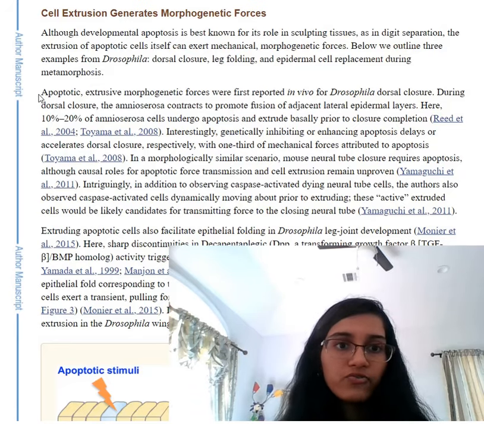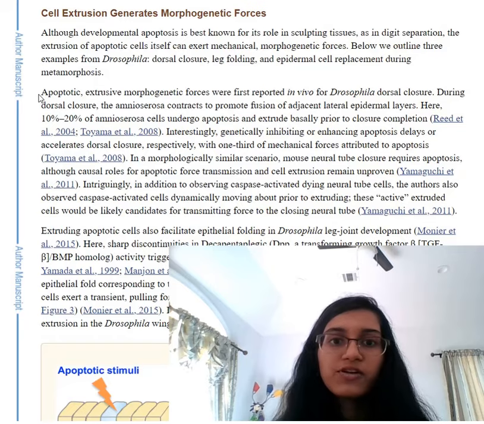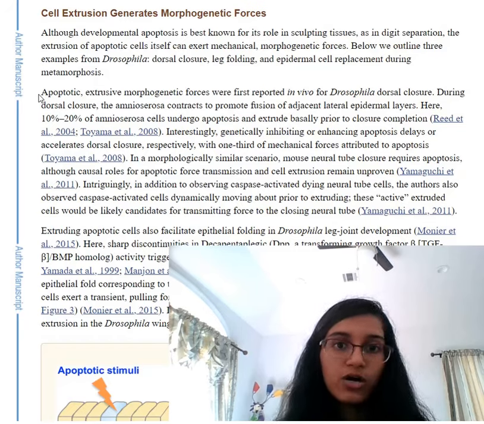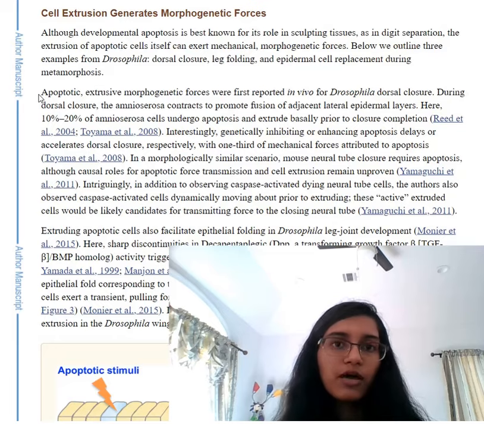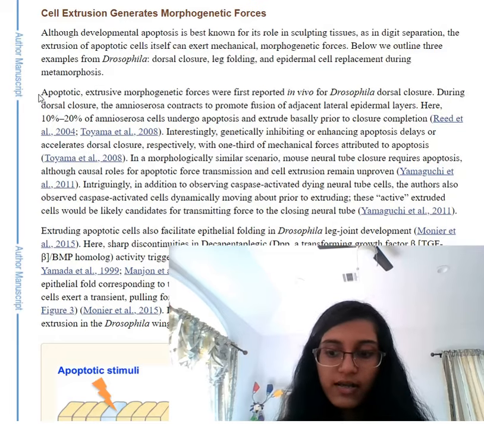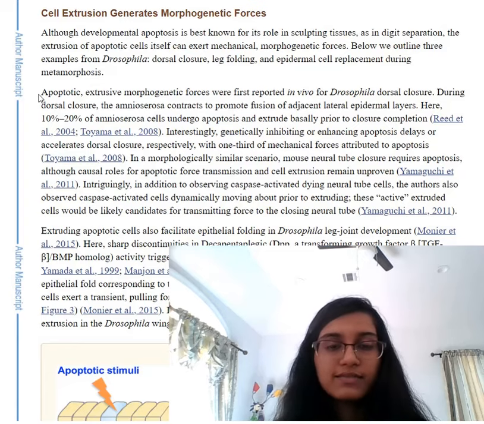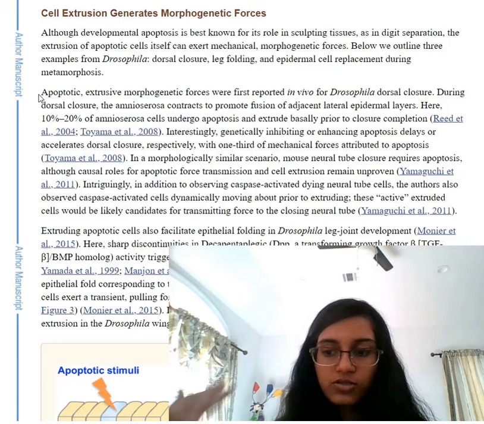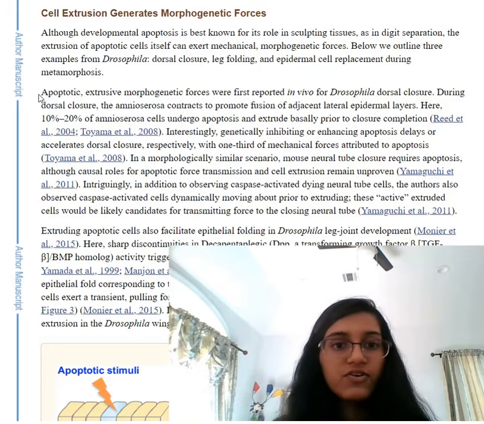Apoptotic extrusive morphogenetic forces were first reported in vivo for Drosophila dorsal closure. During dorsal closure, the amnioserosa contracts to promote fusion of adjacent lateral epidermal layers. So, what is the amnioserosa there? The amnioserosa is essentially an epithelial band at the midline of the dorsal side of the Drosophila.